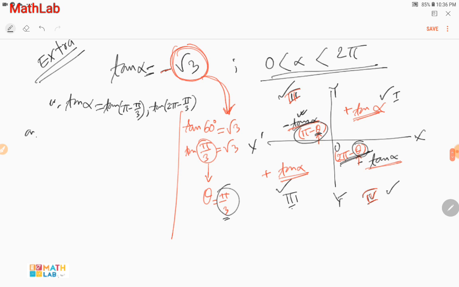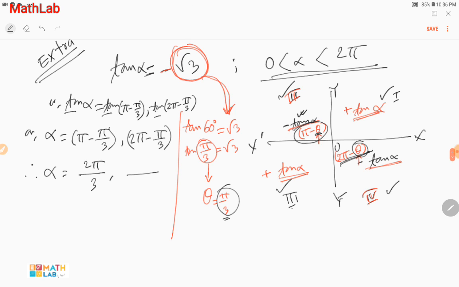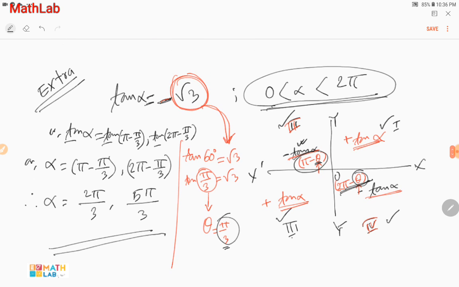From both sides tan is cancelled. That means alpha equals pi minus pi by 3, and the other answer is 2 pi minus pi by 3. So alpha equals 2 pi by 3 and 5 pi by 3. According to our condition, here are two values of alpha. Why? Because tan is negative in the second quadrant and in the fourth quadrant.